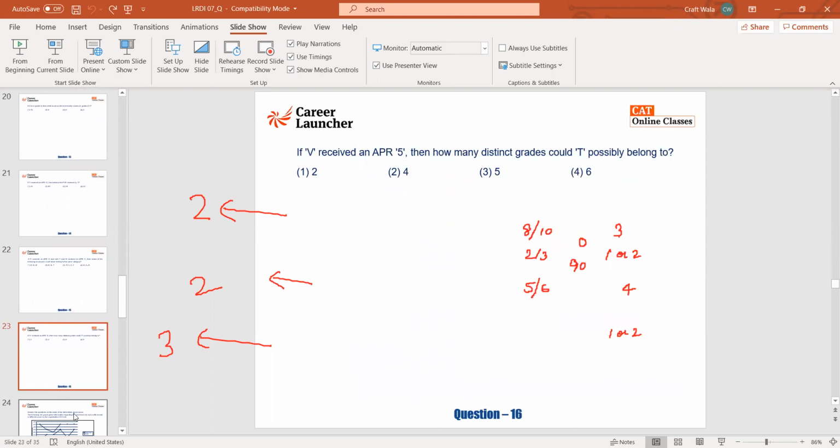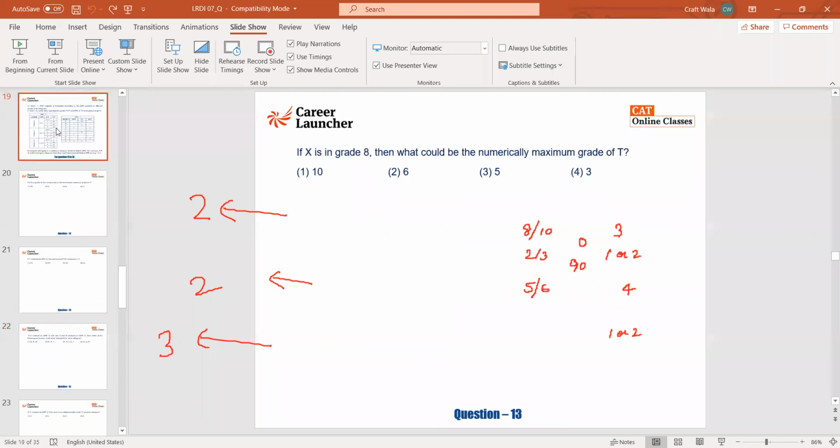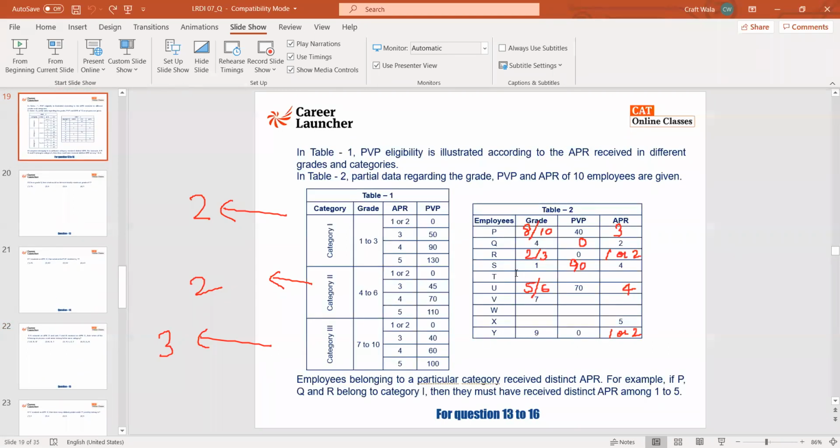Let's look at the next one, the last one in this set. If V received an APR 5, how many distinct grades can T possibly get? So let's say V gets APR 5.